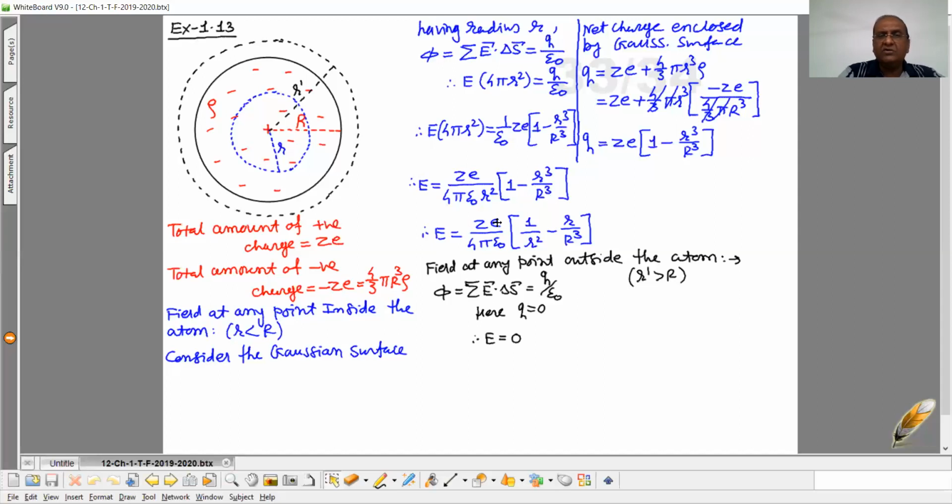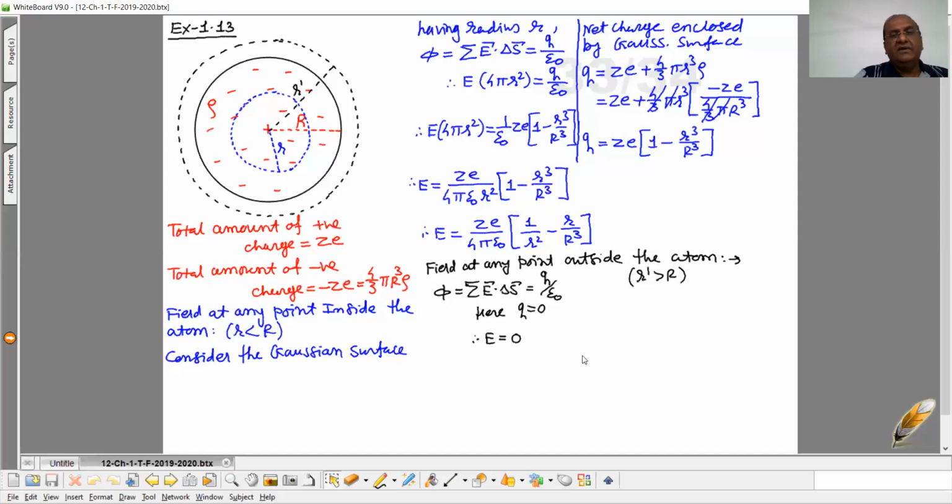Therefore E equals Ze upon 4 pi epsilon 0, taking r square inside the bracket, 1 upon r square minus small r upon capital R cube. This is the electric field at any point inside the atom which is situated at distance small r from the center of the atom.